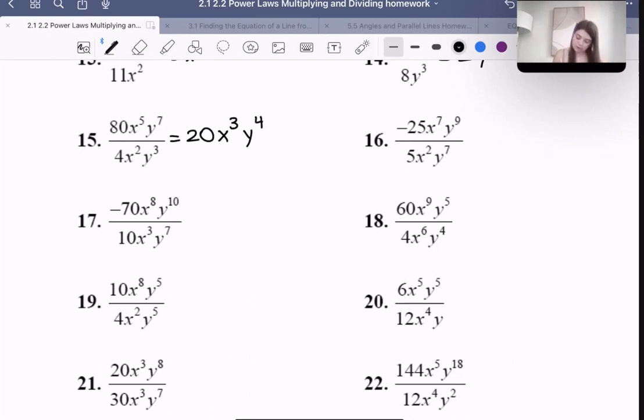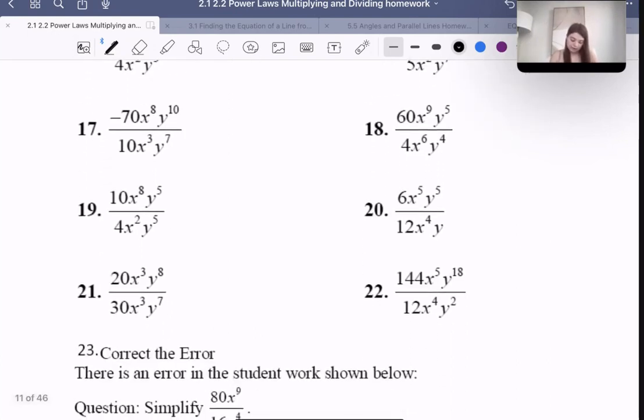So there we go. For 16, negative 25 divided by 5 is negative 5. And then let's see, 7 minus 2 is 5, so we have x to the power of 5. And then 9 minus 7 is 2, so we have y squared. Okay, what about number 17?